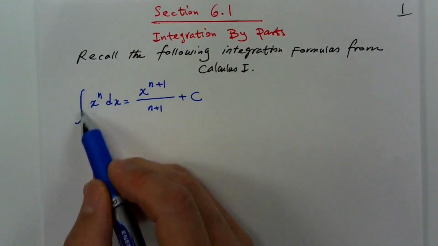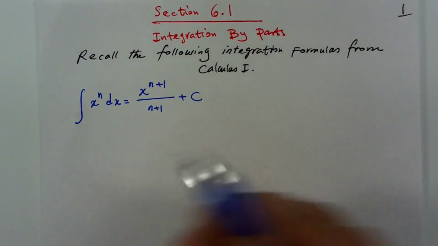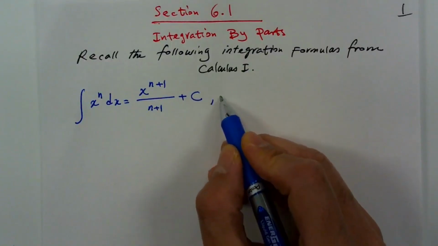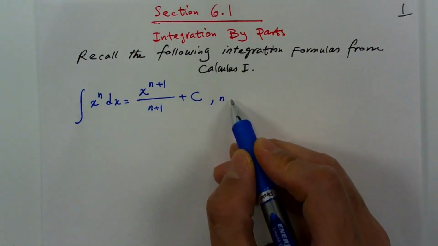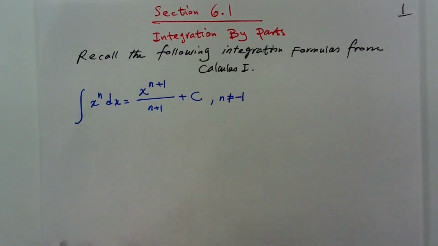It has no limits of integration. So we have to have plus c, which represents the constant of the antiderivative. And n, we want to make sure that it's never equal to -1. That's just a condition that is given.